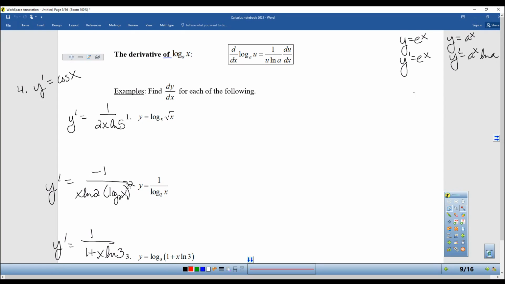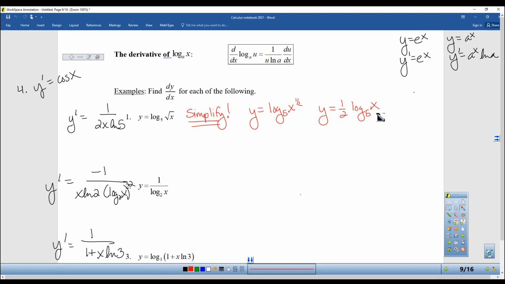So number 1, first of all, always simplify. If you got this one wrong and you don't know why, you probably didn't simplify first. So even though it says y is equal to log base 5 of x to the 1/2, I would move that 1/2 out in front. 1/2 log base 5 of x.